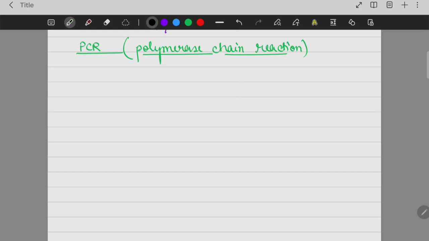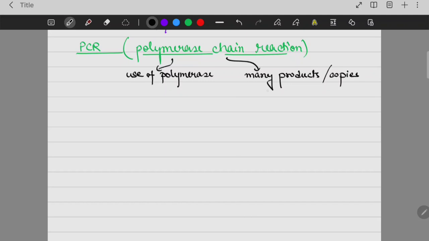So as the name suggests, use of polymerase chain means many products, many copies for research or investigation work.